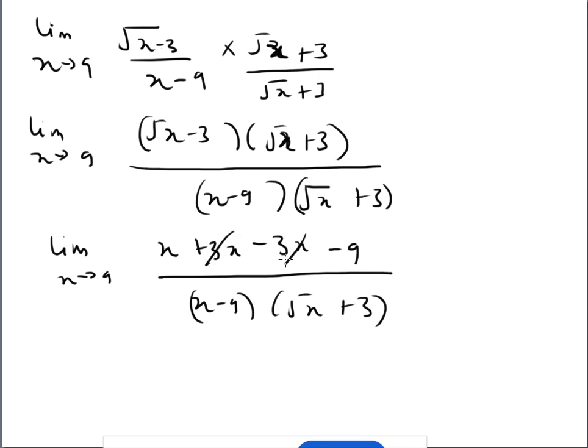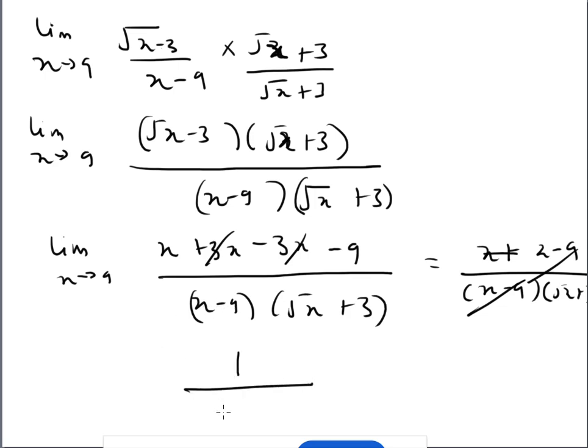The middle terms go away and we obtain x minus 9 over (x minus 9) multiplied by (root x plus 3). So these cancel out, giving us 1 over root x plus 3. The limit as x approaches 9 of 1 over (root x plus 3) gives us 1 over (root 9 plus 3), which is equal to 1 over 6. This is the final answer that we get by solving this example.